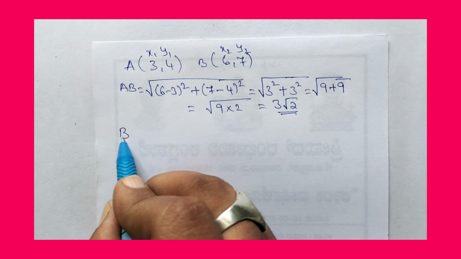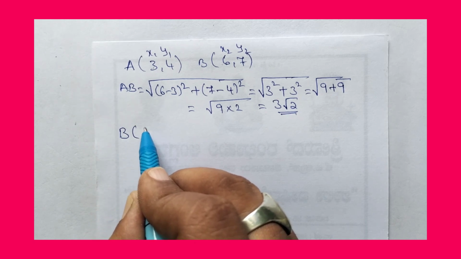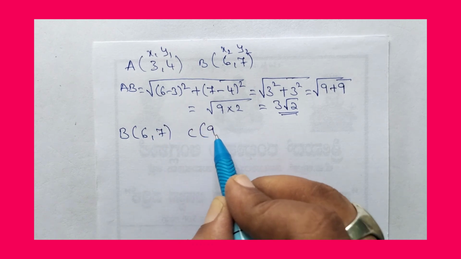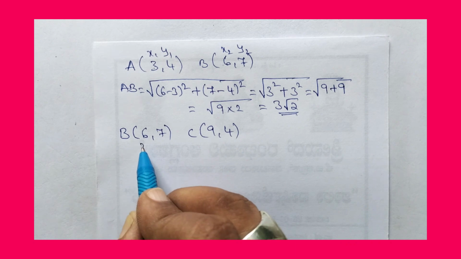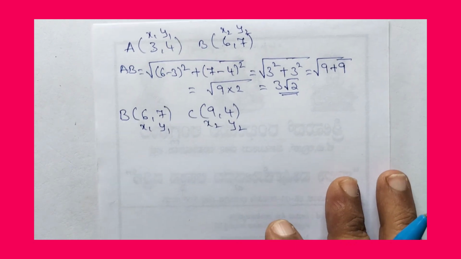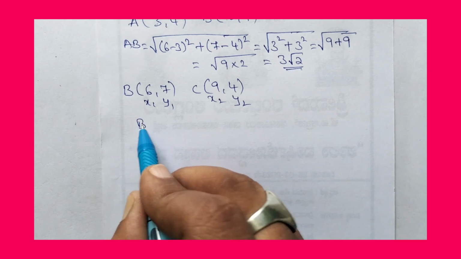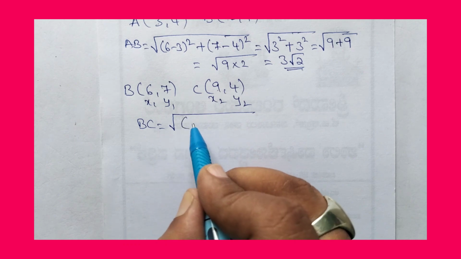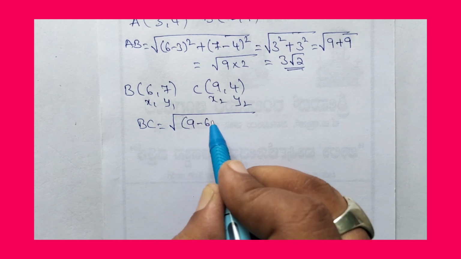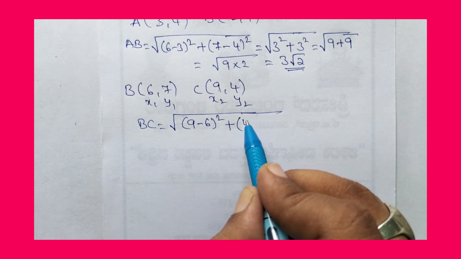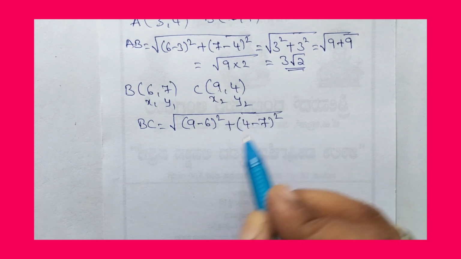Now let us find out the distance between B and C. B is 6 comma 7 and C is 9 comma 4. So x1 y1, x2 y2. Now use the distance formula. So BC is equal to square root of x2 minus x1, that is 9 minus 6 whole square, plus y2 minus y1 whole square, 4 minus 7 whole square.